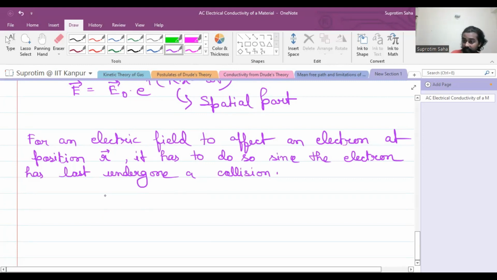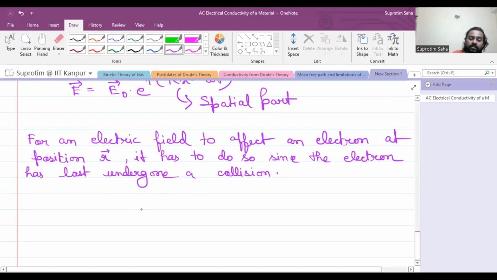So if the electric field is not varying over that length scale, which is twice or thrice the lattice spacing, then you can safely approximate that the electric field is not spatially varying. Over that length scale, it will not be different at position r than it was at position r plus del r.